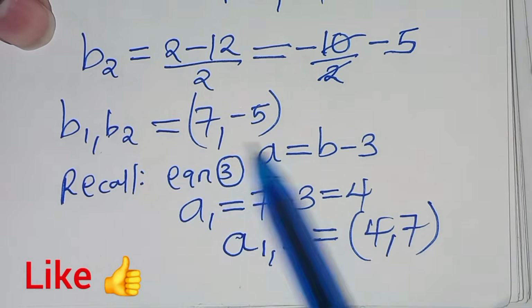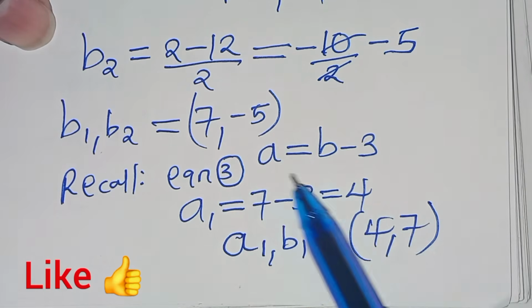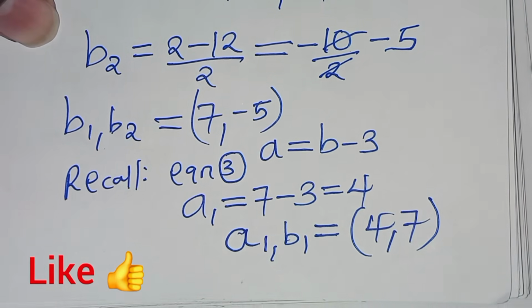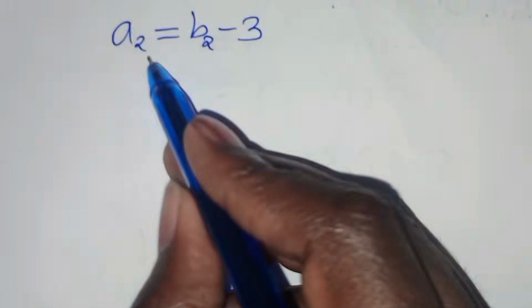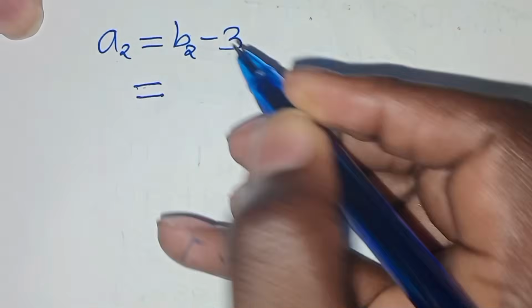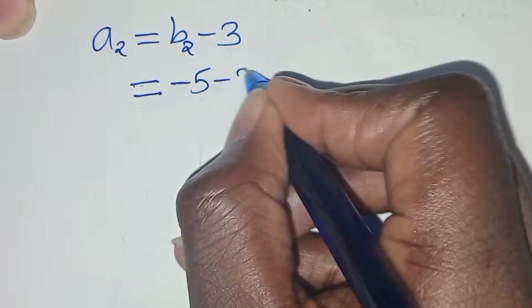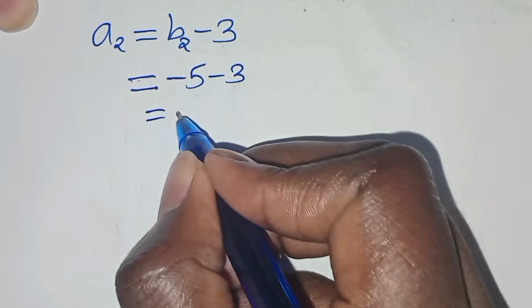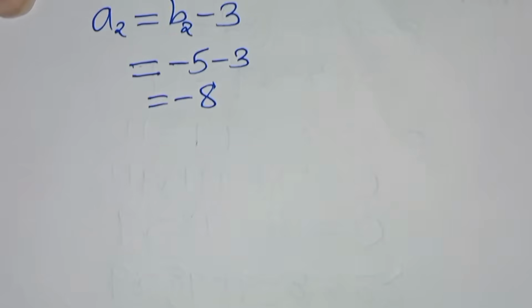Now, given B2 is equal to minus 5, let's solve for A2. A2 is equal to B2 minus 3. So this is the same thing as minus 5 minus 3, which is equal to minus 8.